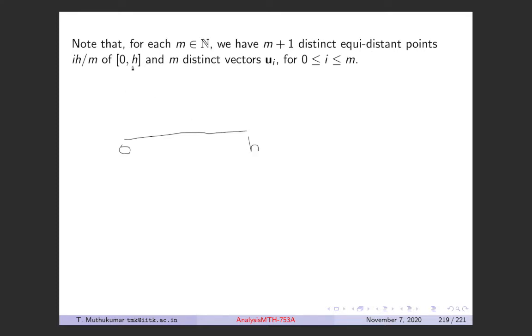So what we have done earlier is that we have made some m, we have just partitioned this interval into m parts, and the length of each of these is h over m.